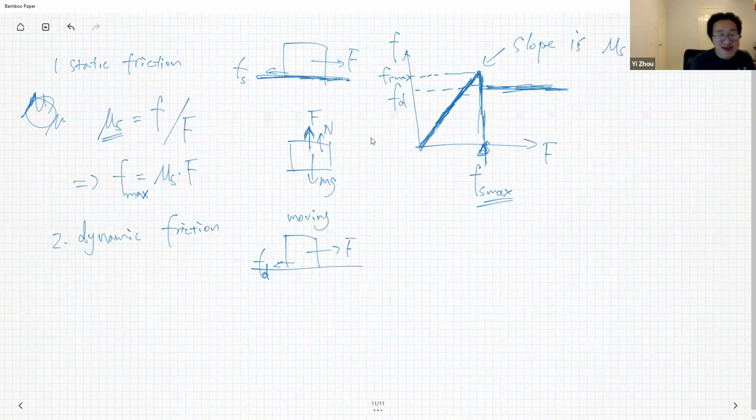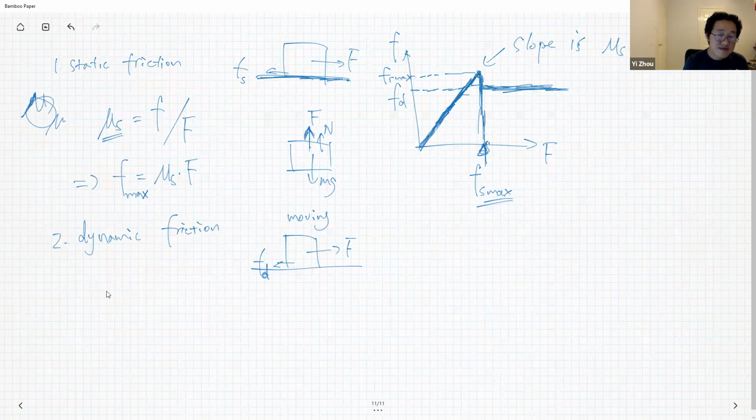You may have the experience that when you're trying to move something, at the beginning you need to give a push. It's harder than after it starts to move, right? When it starts to move, it's a little easier to keep it moving. So that's why the dynamic friction is a little less than the static friction. But of course, a lot of times we'll just treat them as the same. If that is the case, the problem will mention that we only have one coefficient.